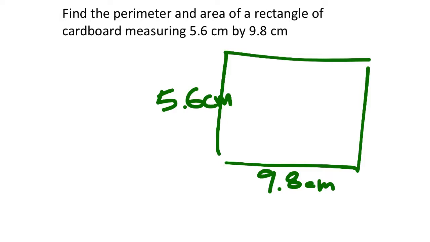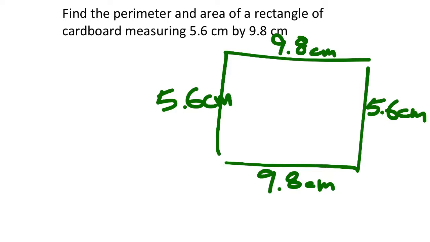All right, let's start with the perimeter, right? Now with the perimeter, I need all 4 side lengths. So this would be 9.8 centimeters as well, and 5.6 centimeters opposite as well. So opposite side lengths are the same with rectangles, which makes them extraordinarily convenient.